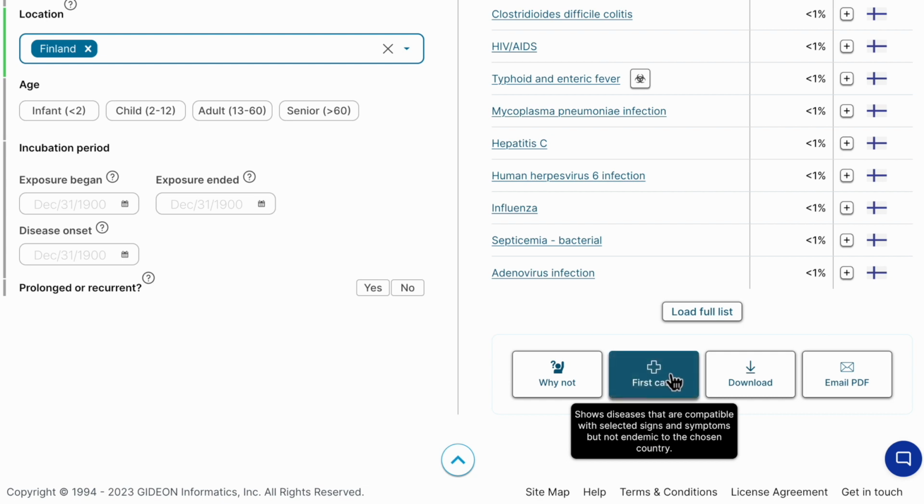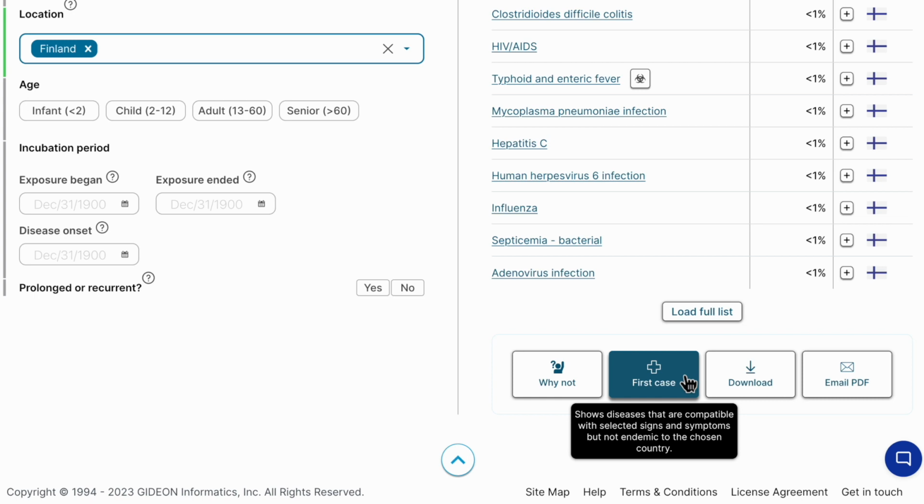First case is an interesting option in GIDEON. First case says, well, there are diseases out there which cause diarrhea in this case, but which do not occur in Finland. They occur in other countries, but not in that specific country which I'm looking at. And you can look up that list as well. It will list all of the causes of diarrhea, let's say in Togo or in Eswatini or in Puerto Rico or what have you.